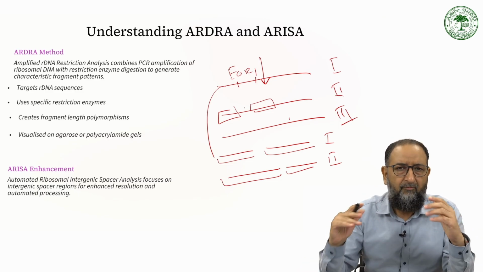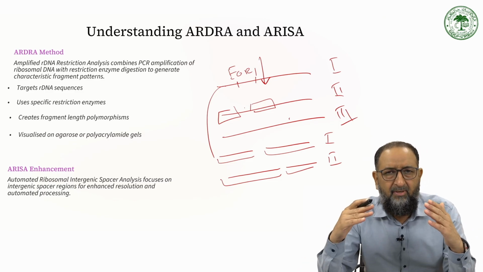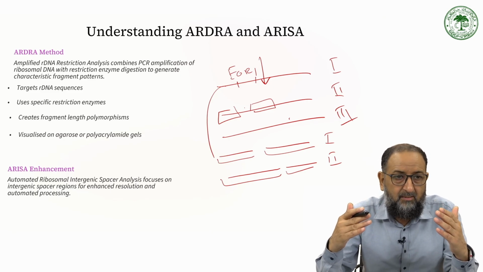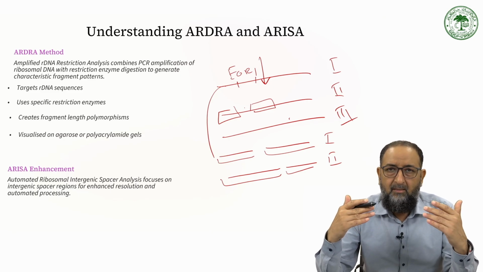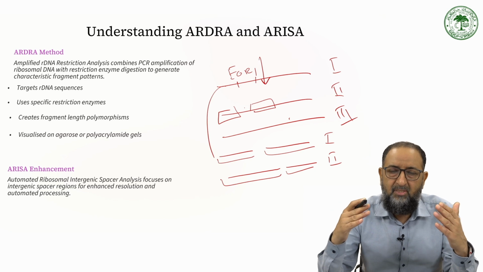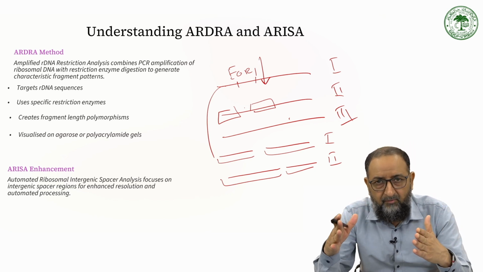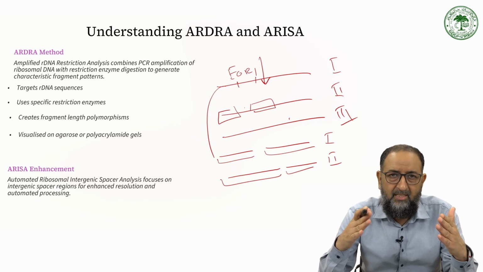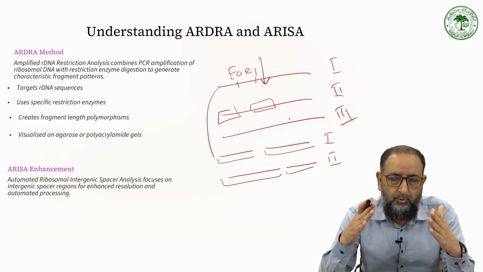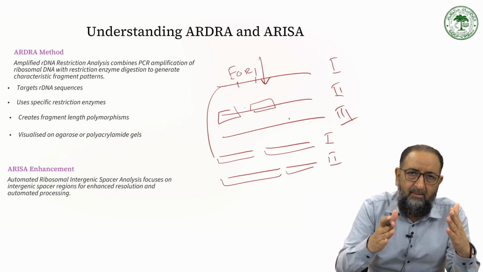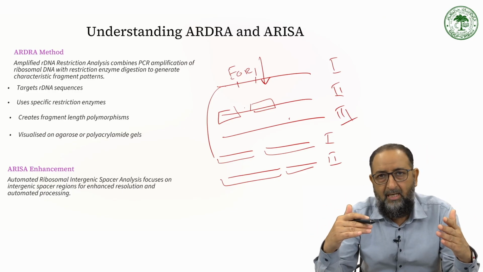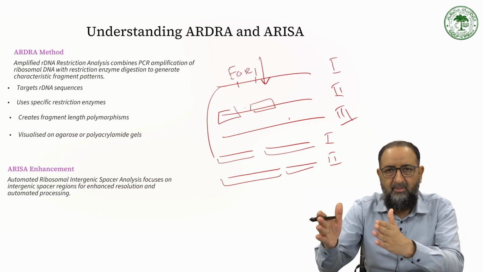So this is very precise, very accurate, and a very advanced technique. We call it amplified rDNA restriction analysis. It means you have to amplify the rDNA sequence of whatever size, then identify a certain restriction site to cut it, and based on the variation in the genome or gene pattern, the size will vary.